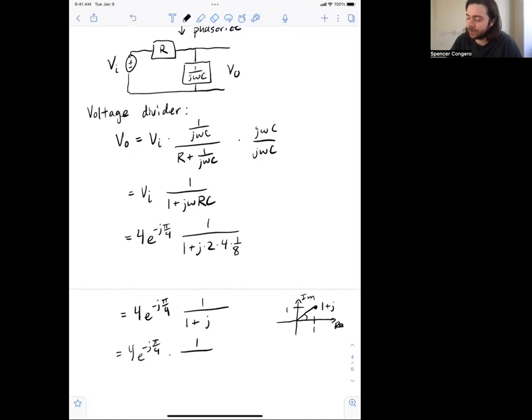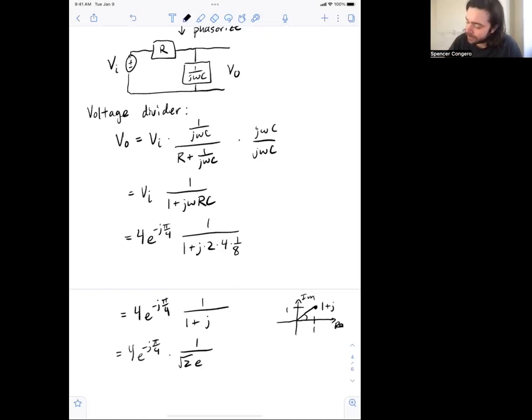Both side lengths are 1, so the magnitude of that complex number 1 plus j has to be root 2. And you could also get it as the square root of imaginary part squared plus real part squared, so square root of 1 squared plus 1 squared, square root of 2. And what's the angle? Well, you can see, just geometrically, visually, that it should be 45 degrees or pi over 4 radians. Okay, but of course you could also use inverse tangent.